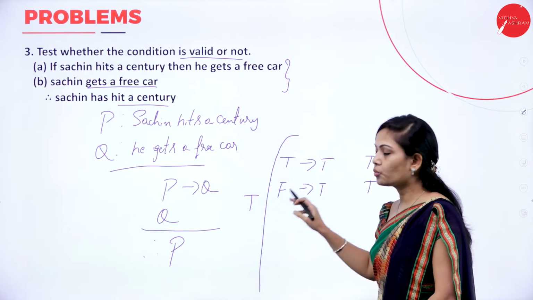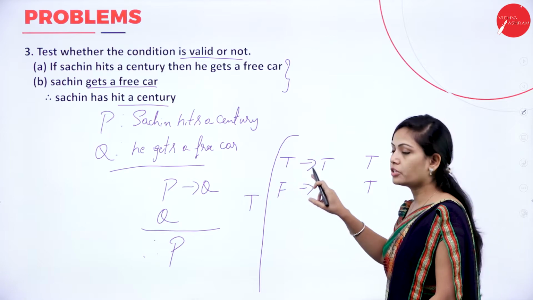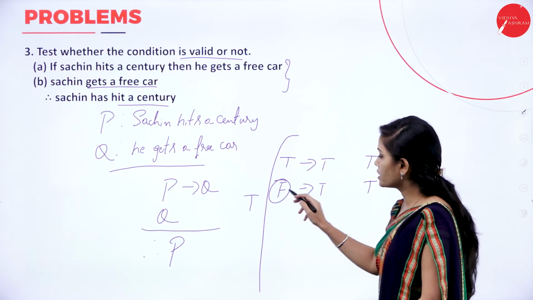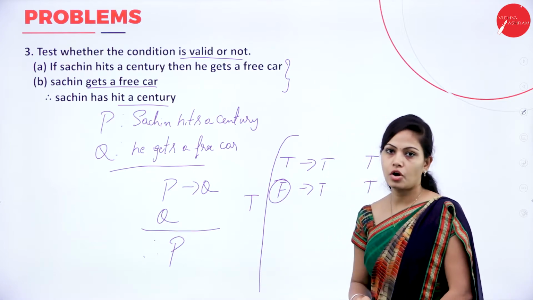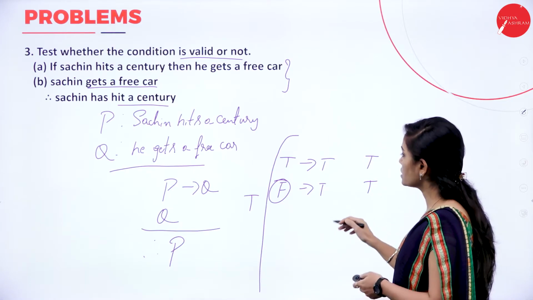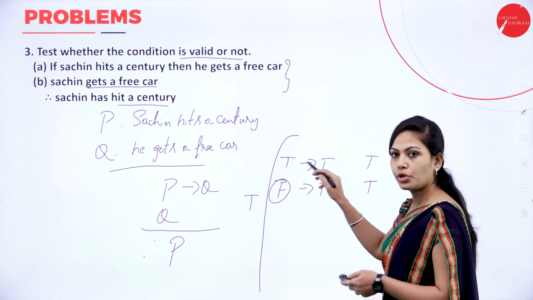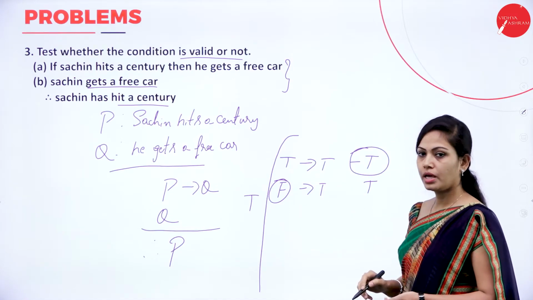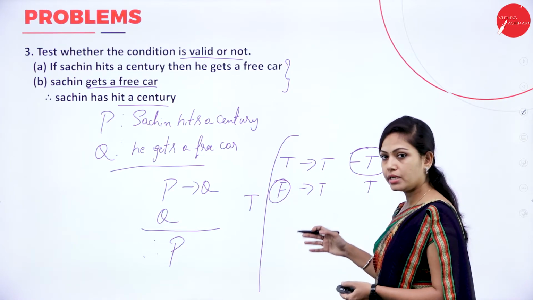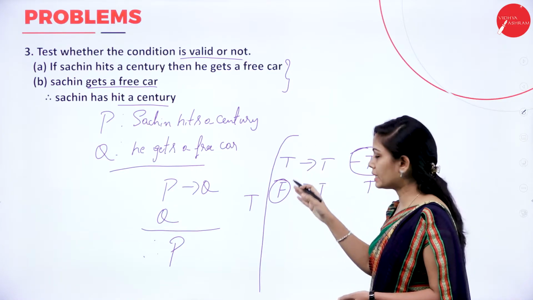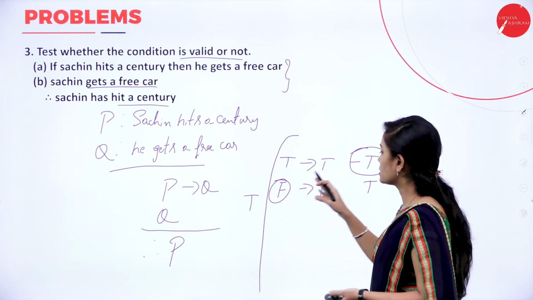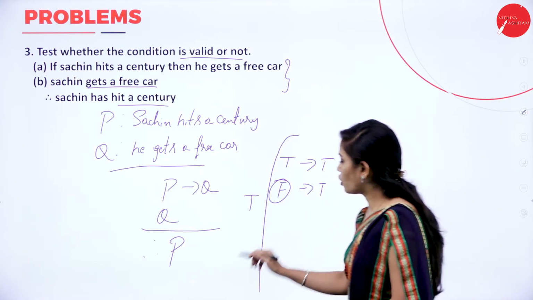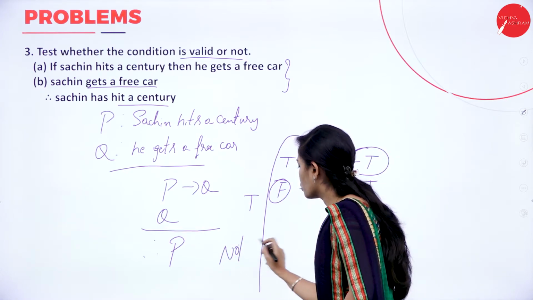So there is no rule that P must be true. P can also be false, right? So it is not a valid argument, because if P is true and Q is true, you get the condition true, but P can also be false. False implies true means we get true. So it is not a valid argument.